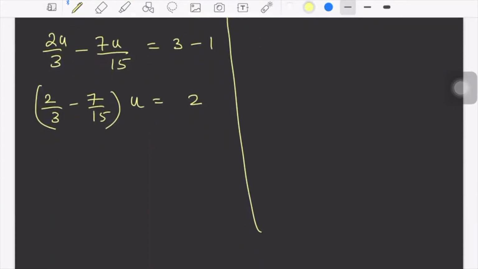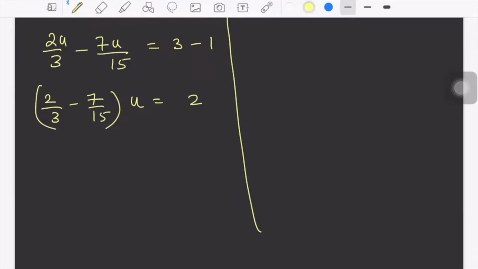Now, what is the least common denominator you can think of? On the LHS, we have 3 and 15. What is the least common denominator you will come up with? That'll be 15, right?